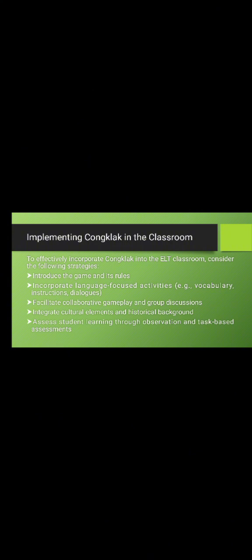We should know the focus activities from this game, for example, vocabularies or instructions or dialogues. The third one is facilitate collaborative gameplay and group discussion. The next one, integrate cultural elements and historical background. And the last one is assess student learning through observation and test-based assessment.